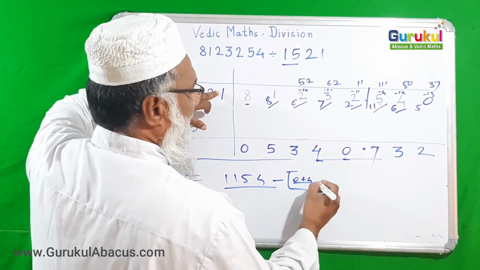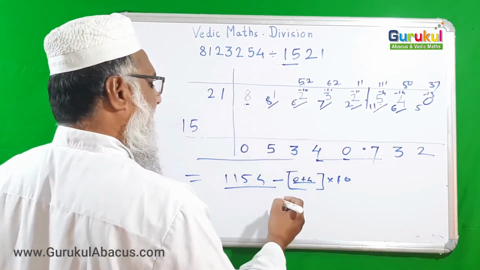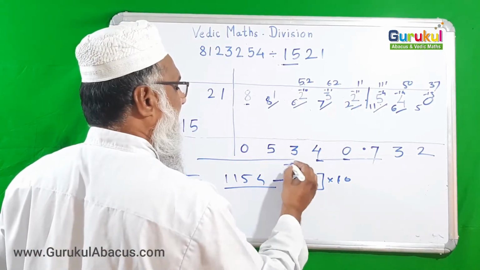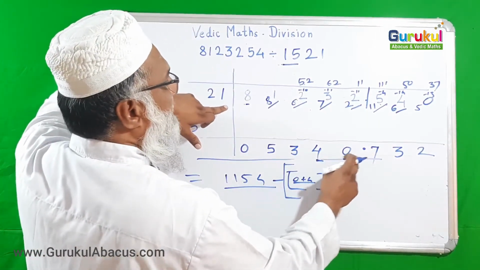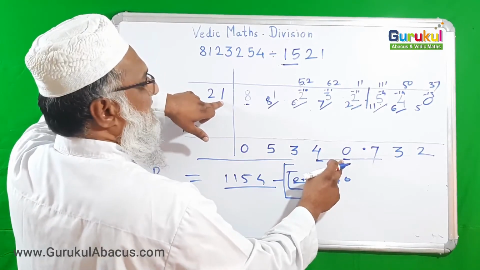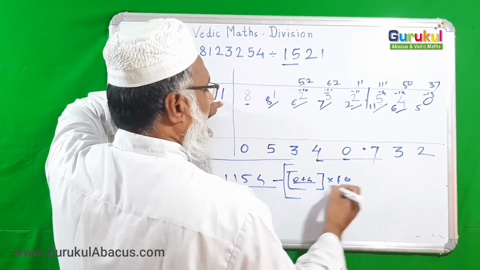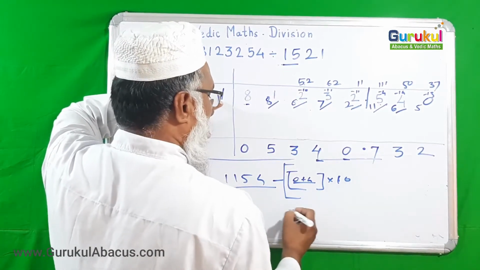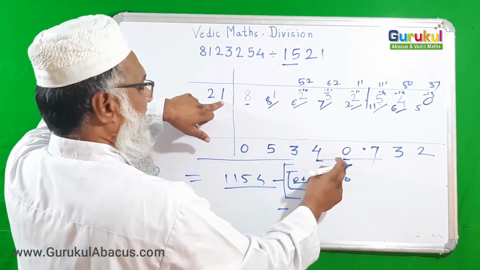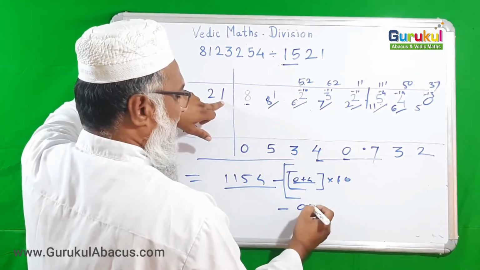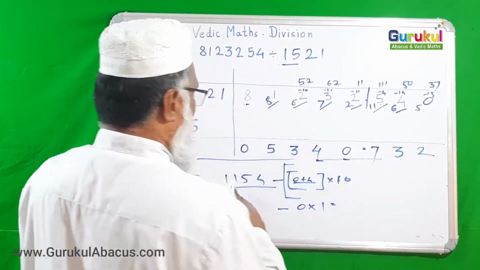The sum multiplied by 10, that I should subtract, and again with it I should subtract the product of the last digit from here and the last digit from here. So 2 zeros are 0. With it again I should subtract this product, last digit from here, last digit from here. 1 zero is 0, and that I should multiply by 1, meaning itself only. So those two terms I should subtract from it.